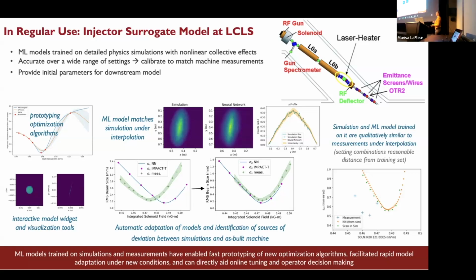And oftentimes physicists by hand will go through a very laborious process of trying to identify all of the potential sources of this error and run a lot of simulations to do it. And as a result, because that is so resource intensive, we often don't end up benchmarking accelerator simulations to the real machine as much as really would be preferable.